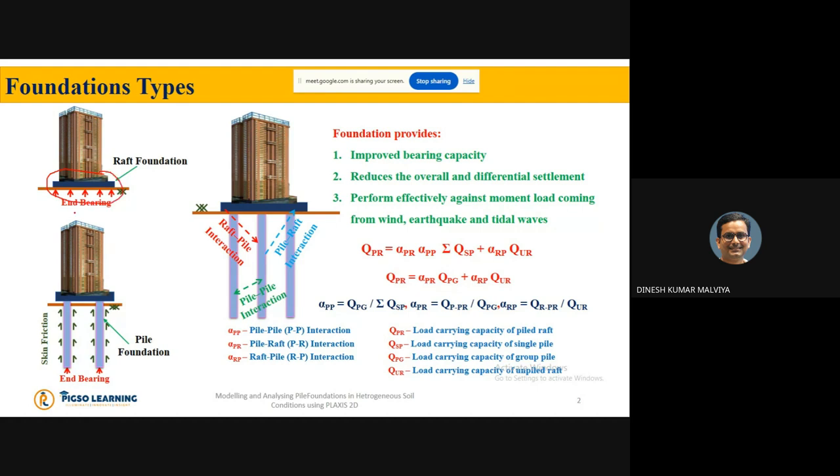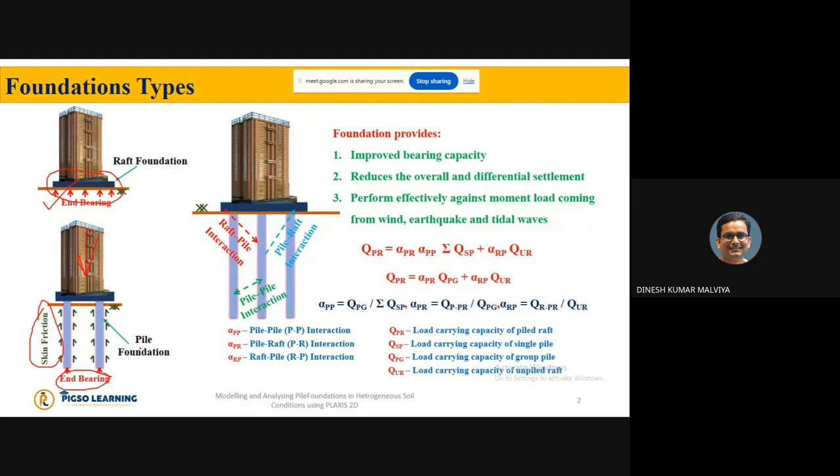The bearing capacity of these foundations comes only from the end bearing and the shear resistance. But in the case of deep foundations, you'll find that end bearing is there, but along with the end bearing, skin resistance or skin friction comes into the picture to mobilize the load coming from the superstructure. So these are the basic ideas.